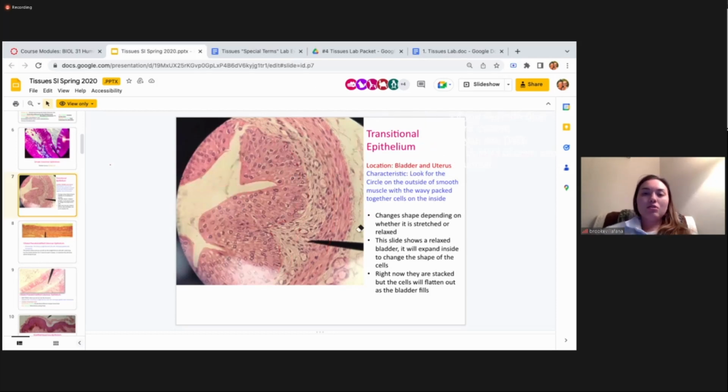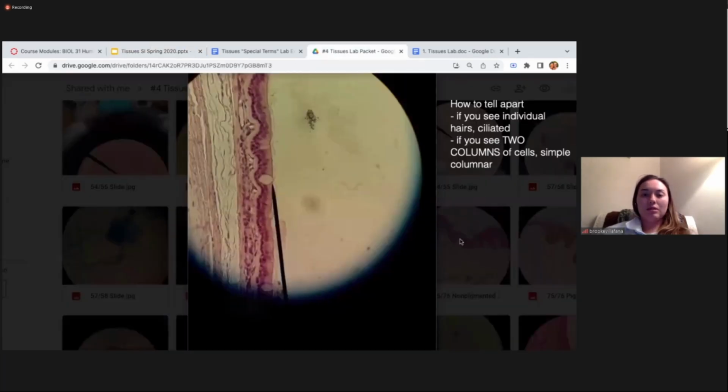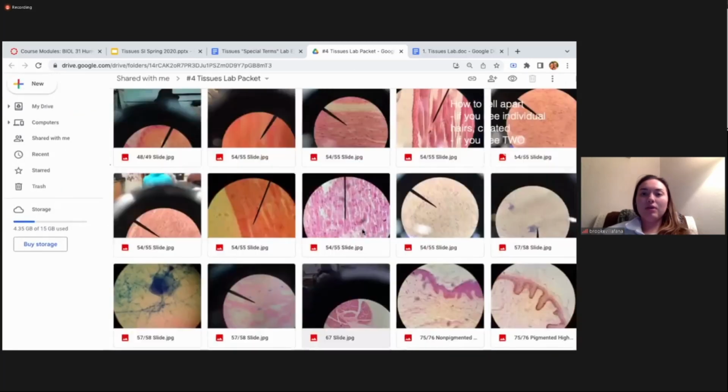So transitional, I would say, is not typically confused by students with other tissues unless you just didn't study this one, which does happen. Maybe, yeah, I don't really know what you could confuse it for. It's basically very distinctive.